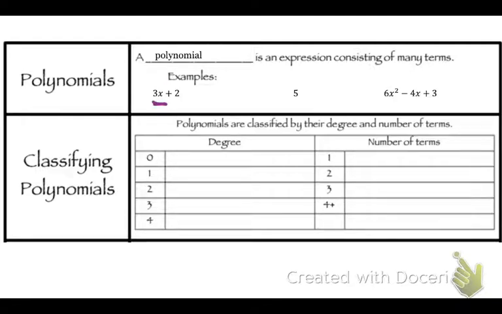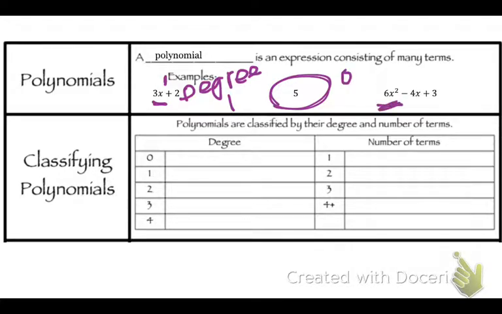And if there's not a number or a power, you assume it's a 1. So that's going to be a degree 1 polynomial. There is no x here, so that's a degree 0 polynomial. The highest power here is a 2, so that's a second degree polynomial.